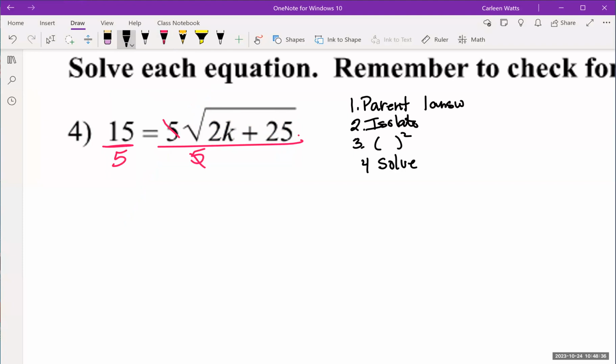So now I have 3 is equal to square root of 2k plus 25. The 2k and the 25 are locked in that house. So now I need the inverse of square root. The thing that gets rid of square root is squaring.